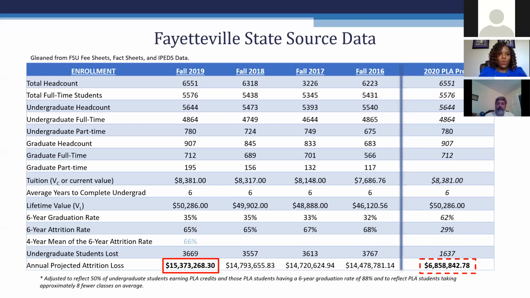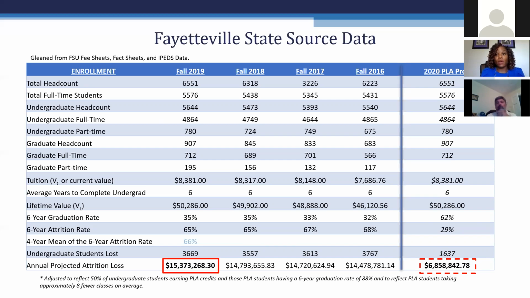But with Fayetteville State having about 6,551 students, if PLA is not offered, if we look at the graduation and attrition rates at our current tuition rate, the university could be missing out on about $15 million in revenue.